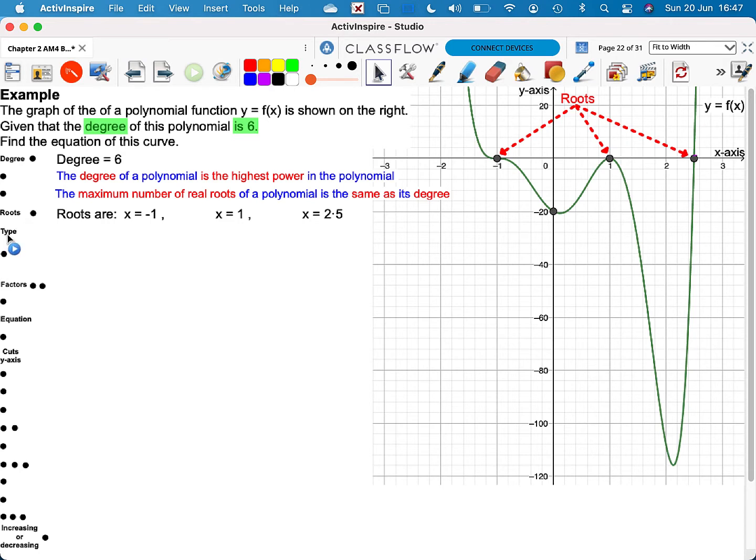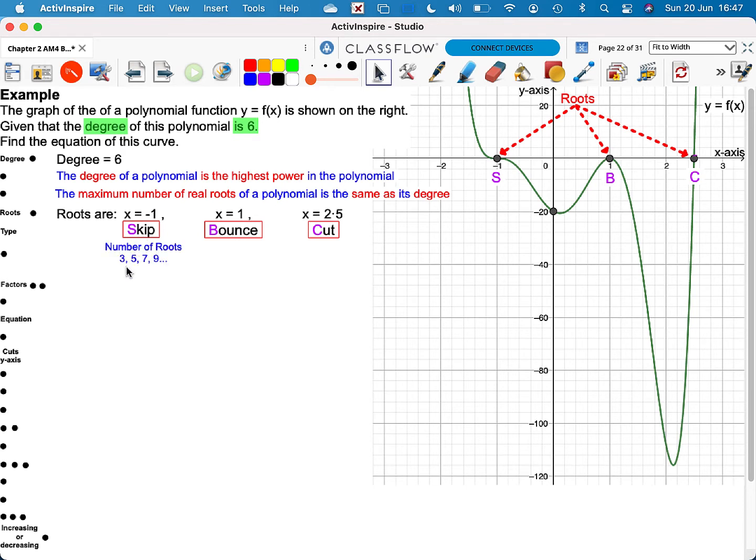Now we need to look at the type. At the root x equals -1, we can see it's a point of inflection, so we know it's a skip. We can see that x equals 1 is a bounce, and x equals 2.5 is indeed a cut.